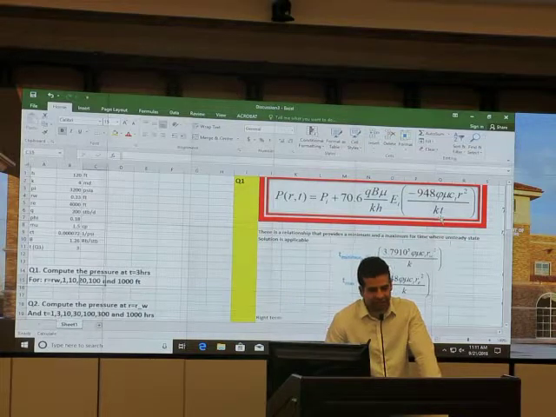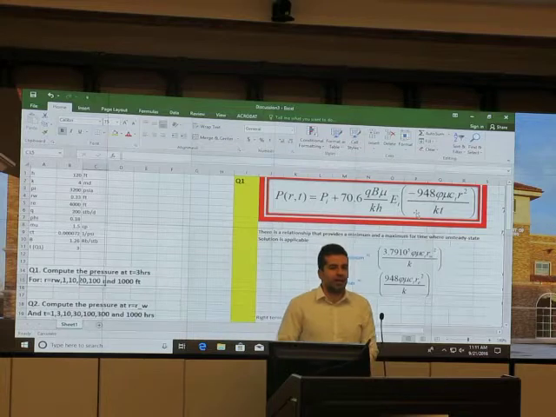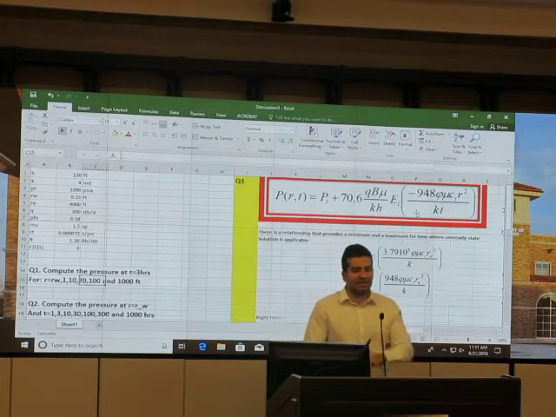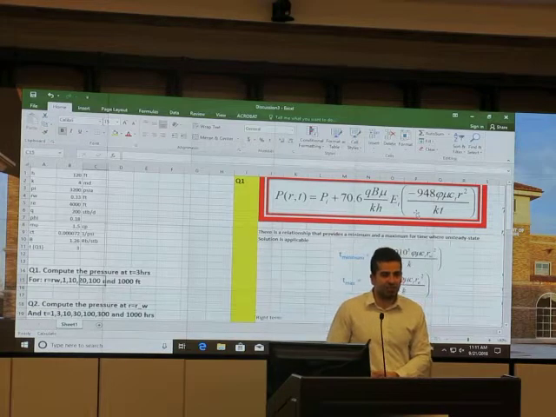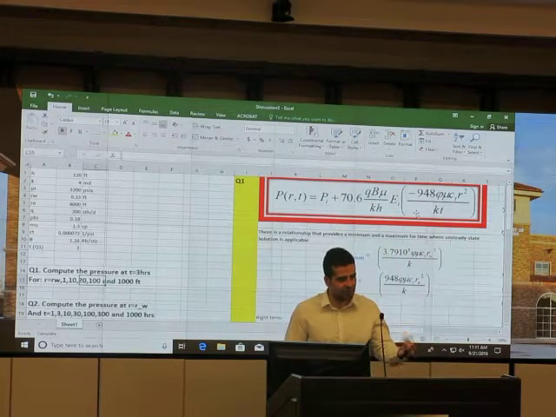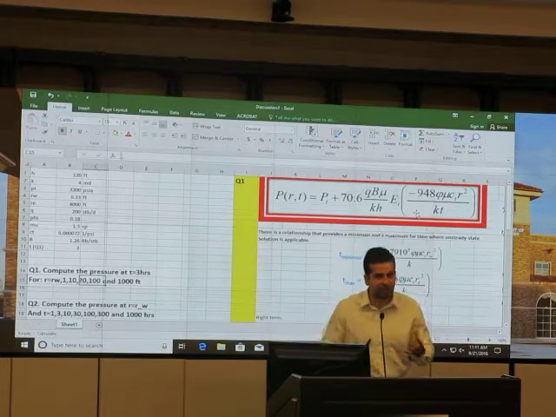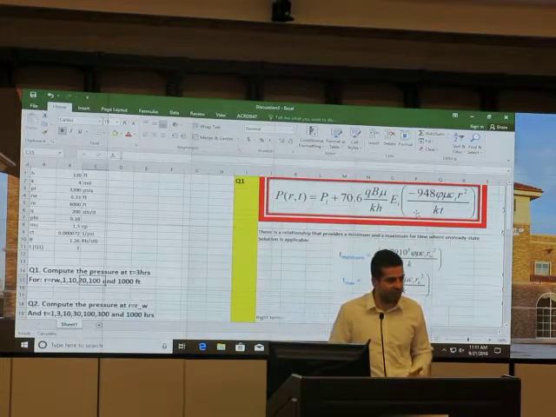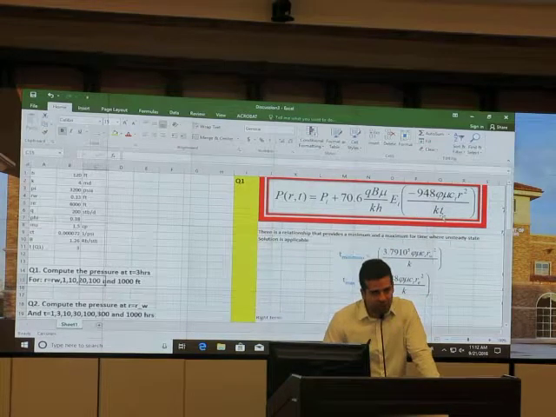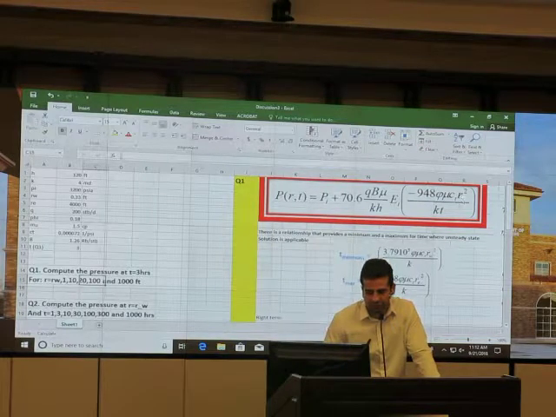It is either T, which is time, or R. So as your friend said, this equation provides an estimation of pressure at whatever time and radius. So either time or radius should be known, and the other one should be calculated. See it as a simple equation. Either T should be known and we can calculate the pressure at different radius, or radius is known to calculate the pressure at different T.